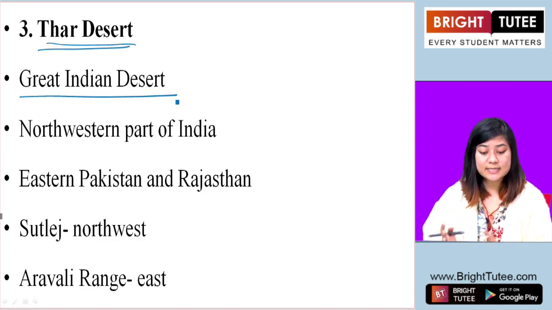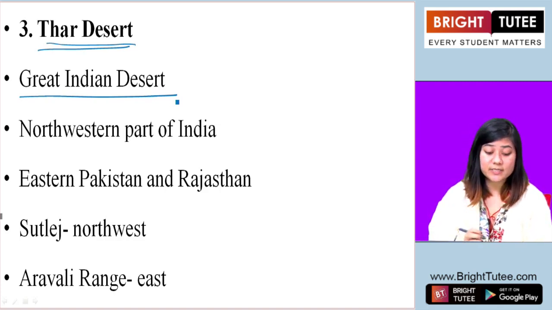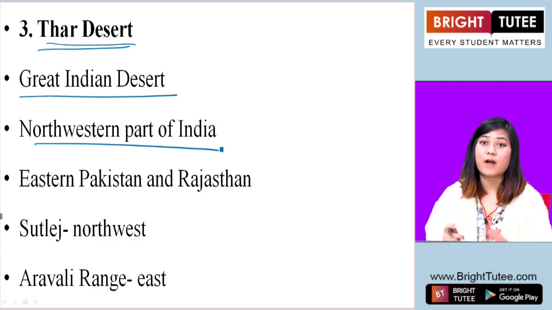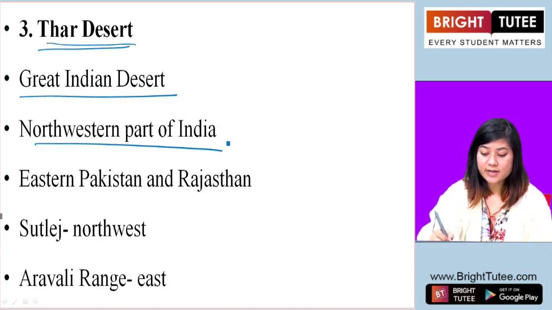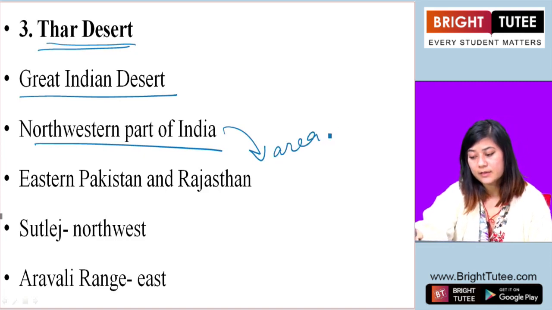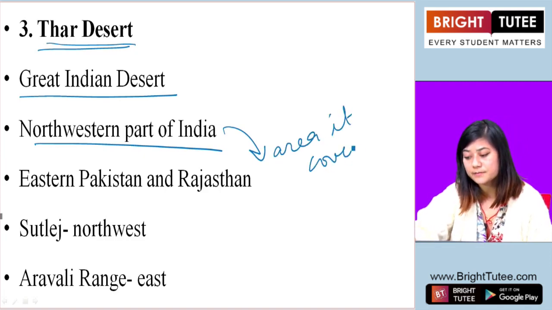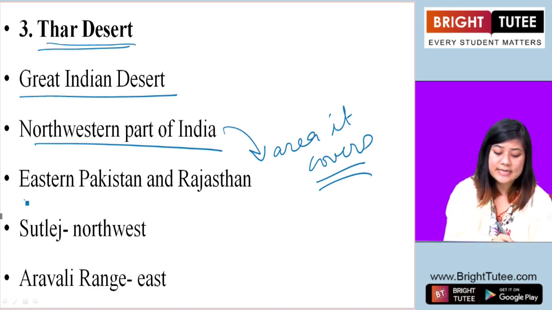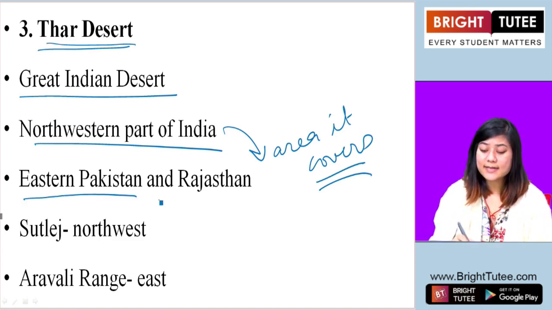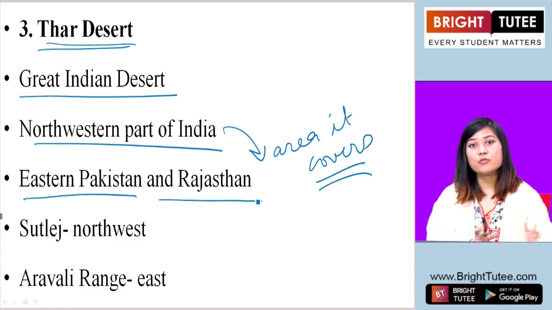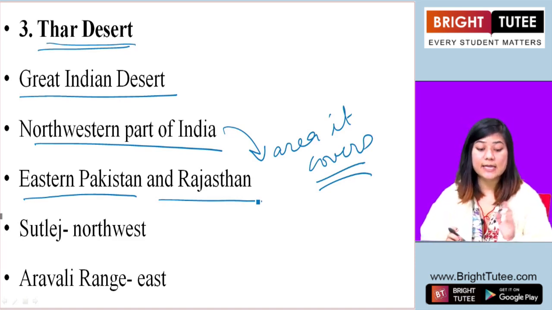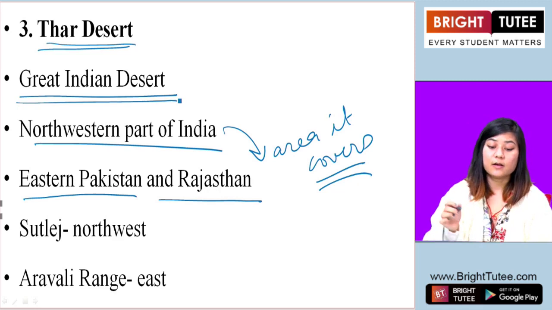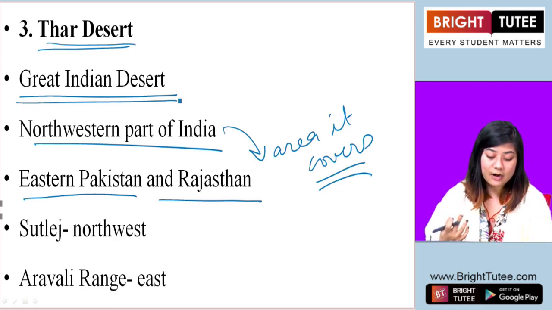It is situated in the northwestern part of our country, towards Rajasthan. The area that it covers are eastern Pakistan and Rajasthan. So that portion of area of Pakistan as well as India is called the Great Indian Desert or the Thar Desert.